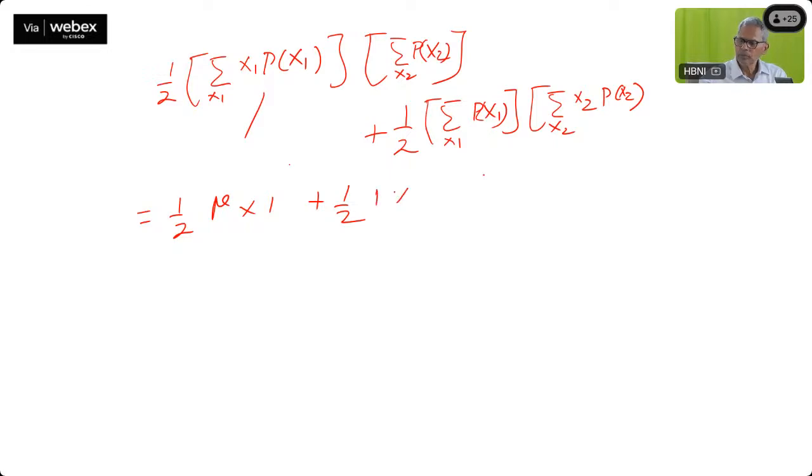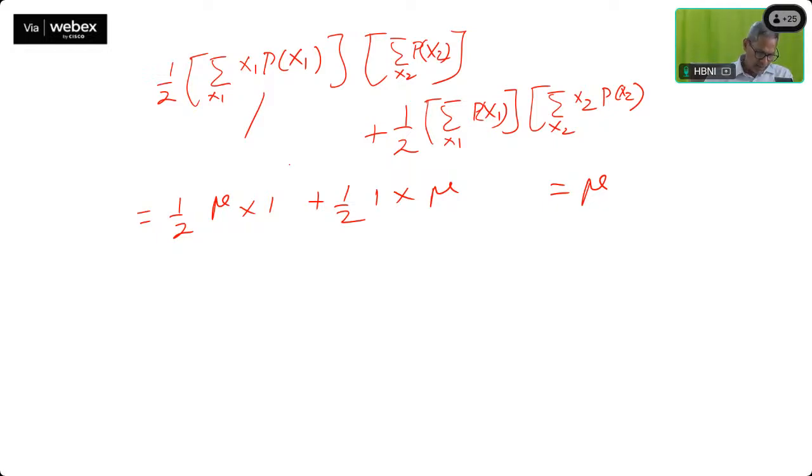This is 1. This is mu. So that is mu. So it is giving you the same as the mean value.